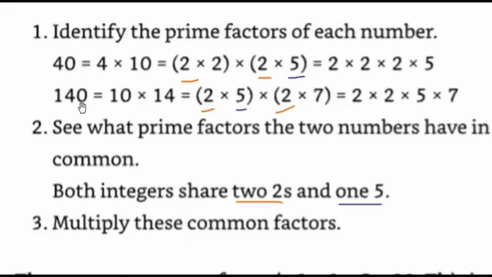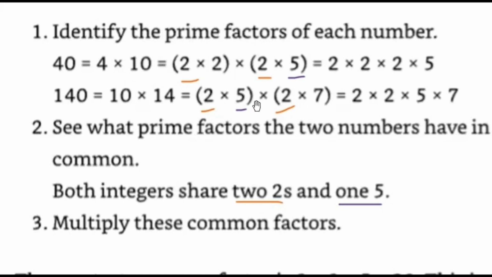Then we do the same thing with 140. We break it down into the simplest terms that can be multiplied into each other first, in this case, 10 and 14. And then we find the prime factors of 10 and of 14. Again, the prime factors of 10 are 2 and 5, and the prime factors of 14 are 2 and 7.